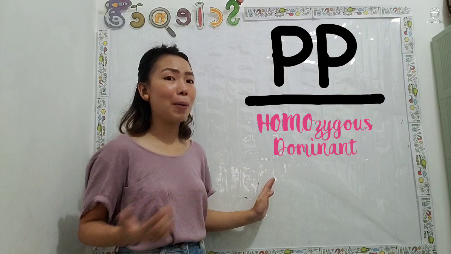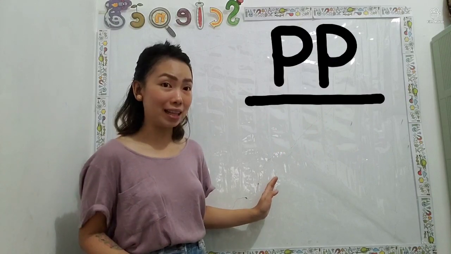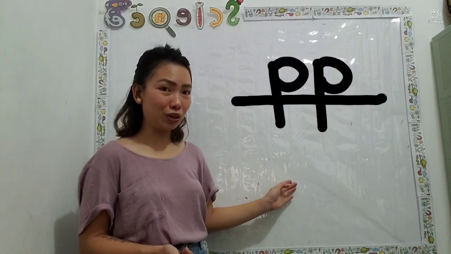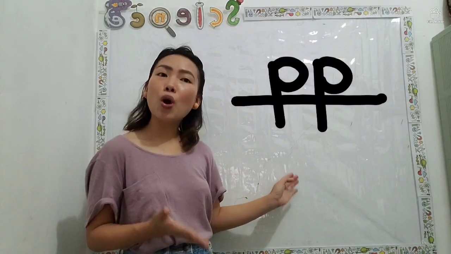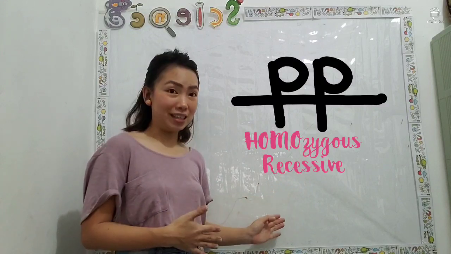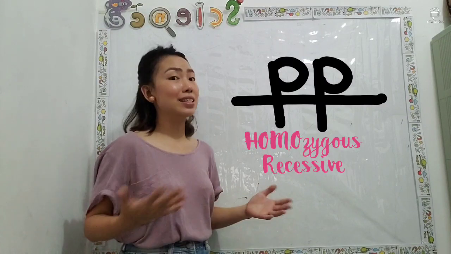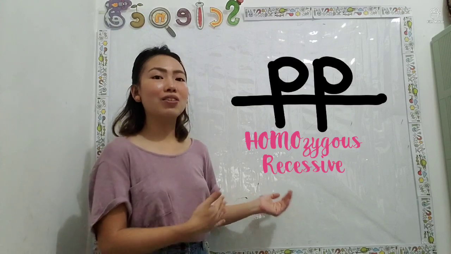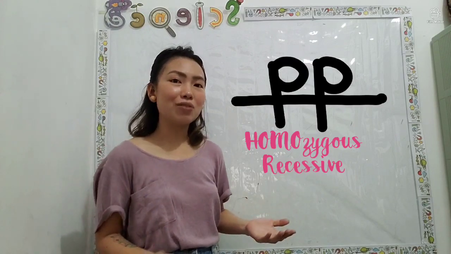Since the letter is capital, so that is dominant. Then, for the recessive, which is 2 small letters, so we name it as homozygous recessive. Homo again means the same, and then we produce a homozygous recessive or recessive itself.